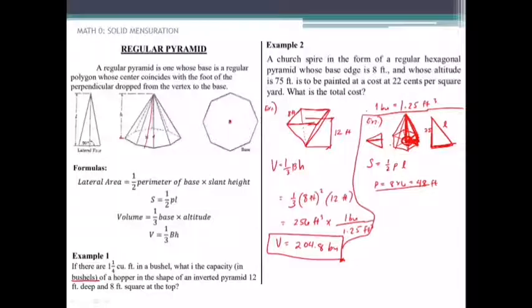Divided by 6, that is 60. So each triangle is 60, 60, 60. Since we bisect it, this angle right here is 30. And this is 90 degrees, so therefore this is 60.